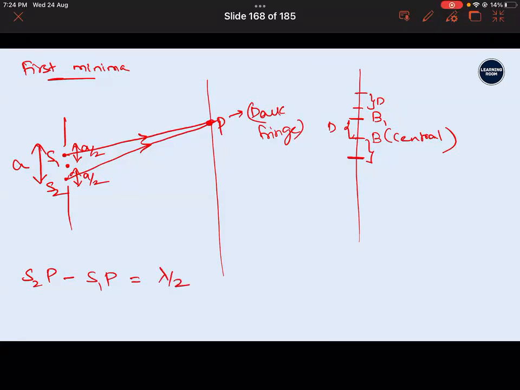Path difference between two successive or consecutive rays should be how much? Exactly lambda by 2. The path difference between any two random rays can be (2n plus 1) lambda by 2, but for successive rays, it should only be lambda by 2. So, now look.